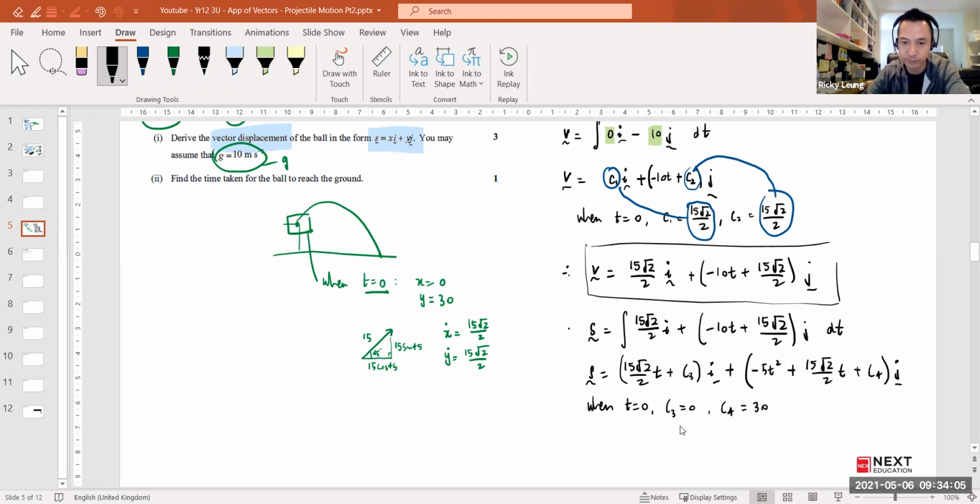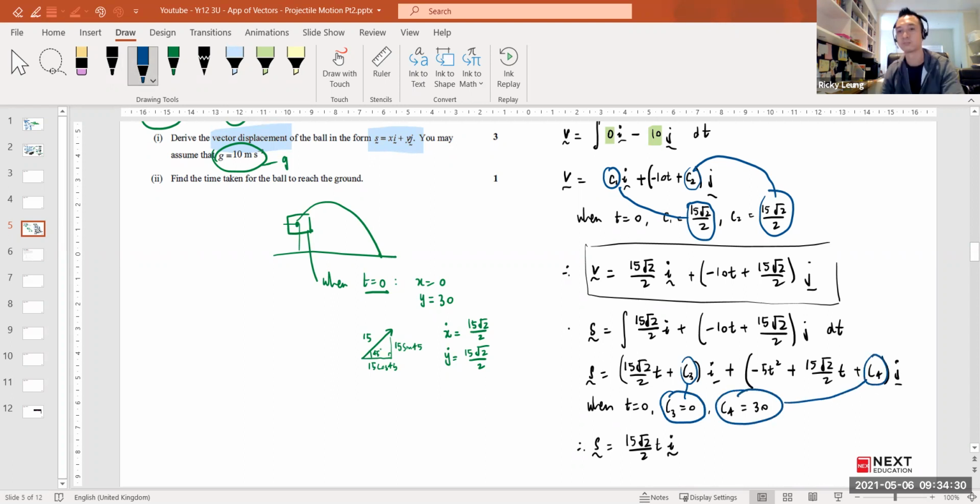So therefore, my displacement vector would be 15 root 2 on 2 ti, because that's 0, right? Just to be clear, I am subbing this guy into here, and I'm subbing this guy into here, right?